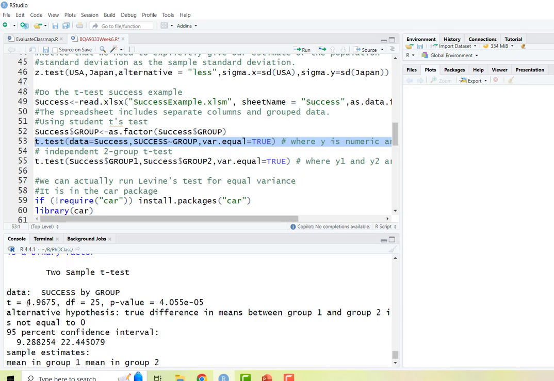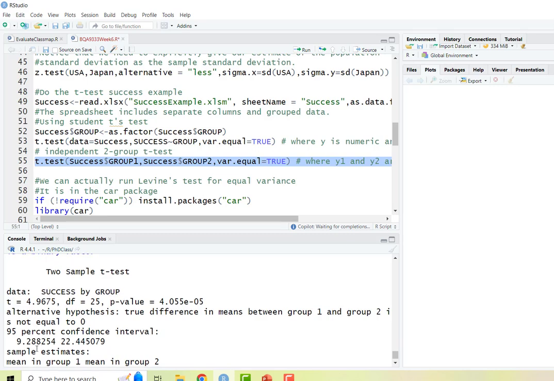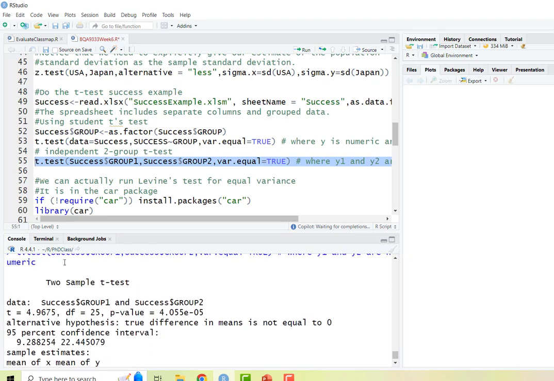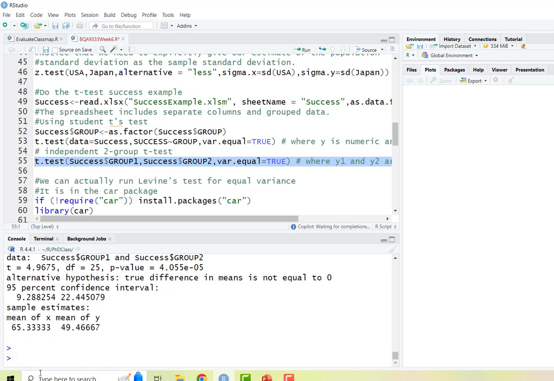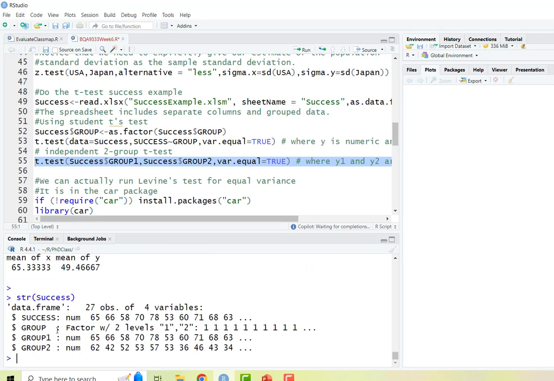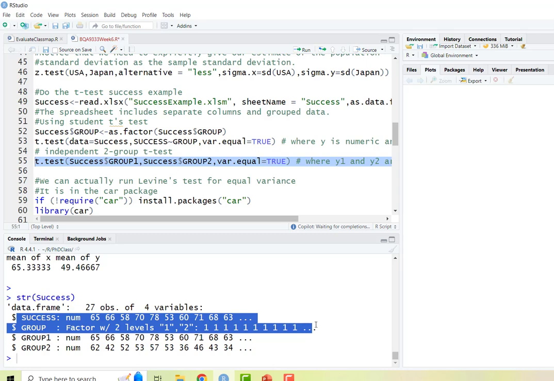And here we go. We recognize these figures from the slides. It's got an incredibly low p-value. We've got a t of 4.9675. This is the other way of doing the t-test, and we get exactly the same result. If you look at the success data again, we've got columns with success and group.